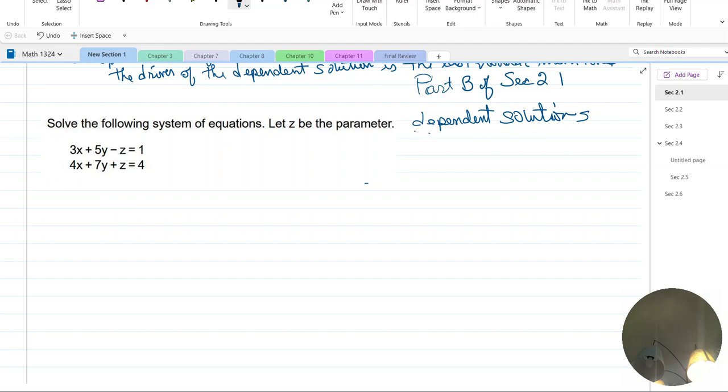We have variables x, y, and z, and only two equations. So already we know there has to be a dependency on z.